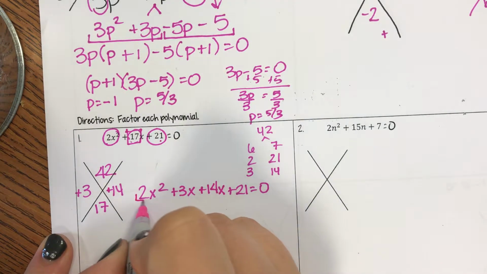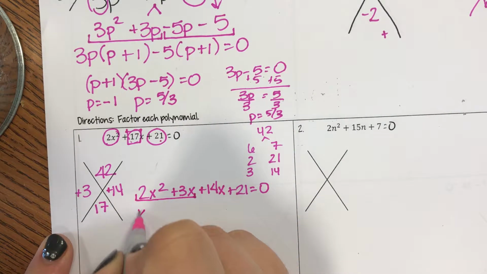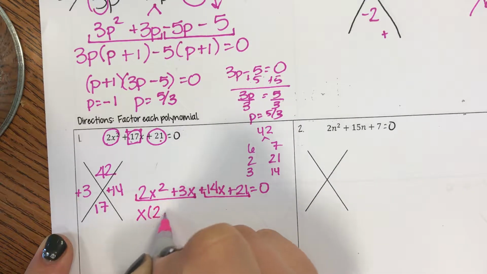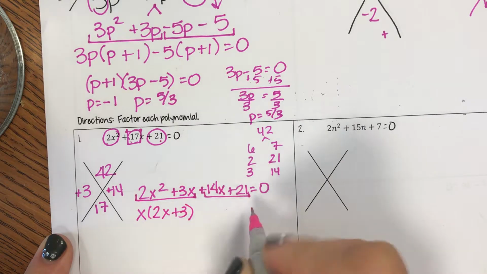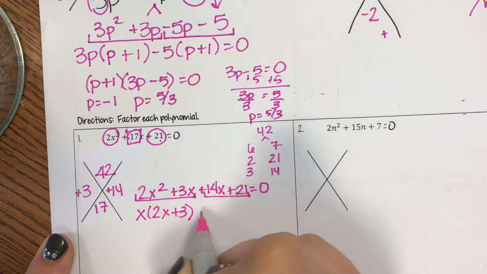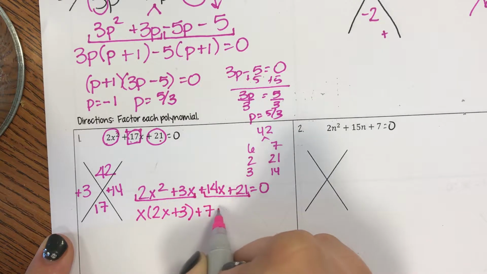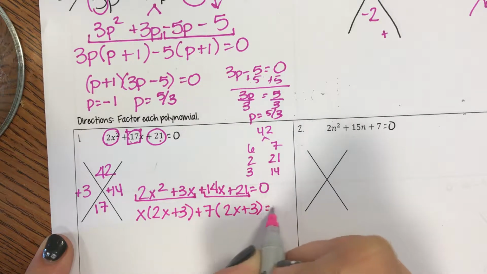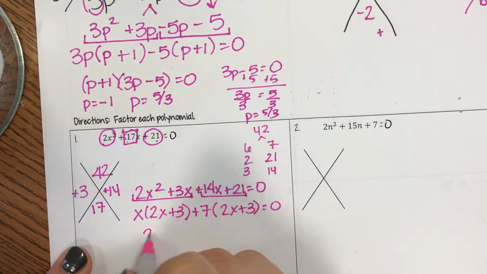From the first two terms, you can only factor out an x. From this term, they have a common factor of 7, positive 7. Our parentheses match up, so that's one factor.